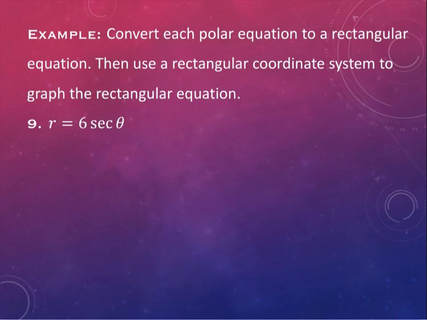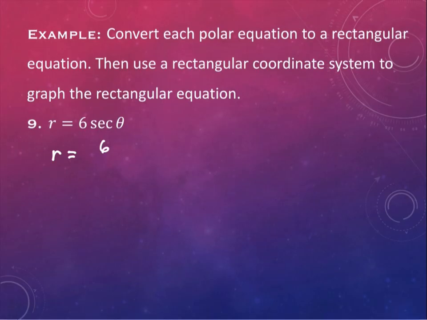But it wants us to turn it into rectangular form first. So rectangular form means I want to have x's and y's when I'm done. So we're going to manipulate this. The first thing I'd like for us to do is to rewrite this with cosine in it, because cosine is friendlier, because our formulas involve cosine and they don't involve secant.